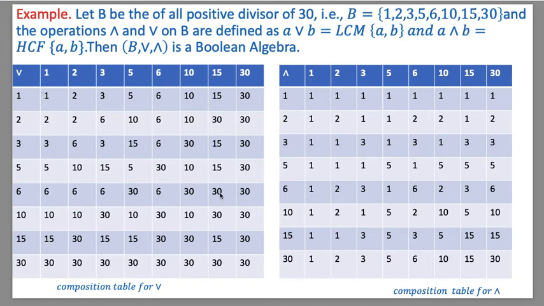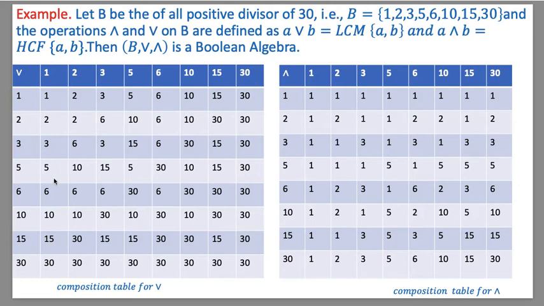We notice from these tables that all the elements in these tables belong to this set. Also, if this is the main diagonal, then we notice that all the elements around the main diagonal are symmetrical. Here we have 2, 3, 5, 6, 10, 15, 30.